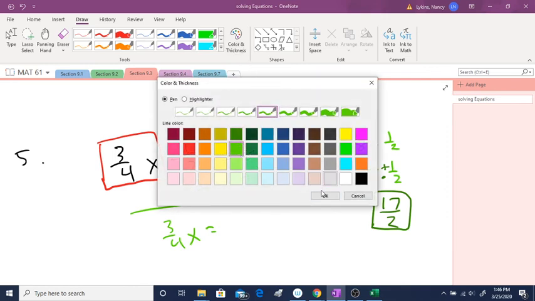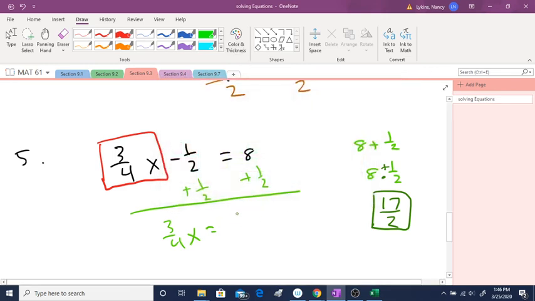So now we put 17/2 on the right side of the equation.